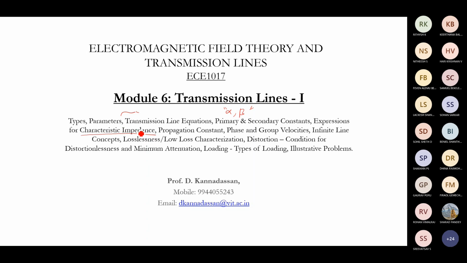Then we will study the phase constant and group velocity, which we have studied very recently for wave propagation, and this will be a little bit different, that's all. Then you will once again study losses and losslessness, and directly we can convert this into equivalent circuits. After that it always looks like circuit theory.